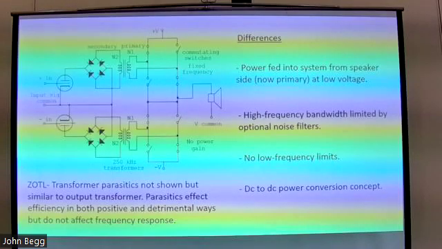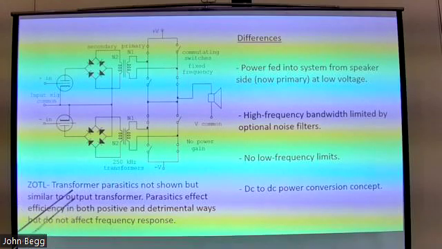The ZOTL. So I want to compare that. The ZOTL transformer parasitics are not shown, but they're similar to an output transformer. Parasitics affect efficiency in both positive and detrimental ways, but do not affect the frequency response. I don't want to get into the technicalities of how the parasitics can improve efficiency, but they can.